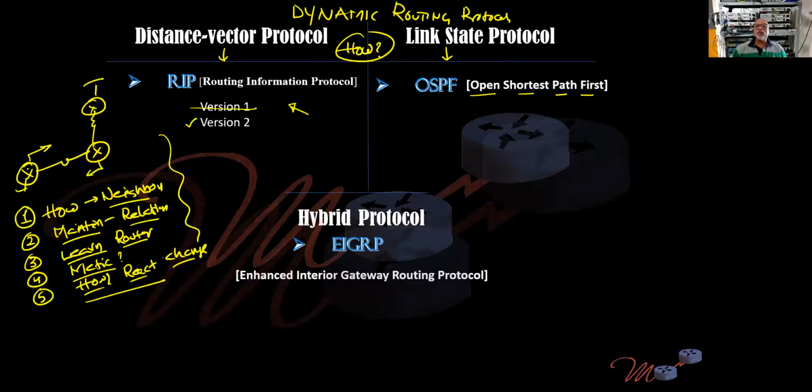And there is another protocol which has both the qualities. That's why it's called a hybrid protocol. It's more on this side, so they sometimes call it advanced distance vector. Enhanced Interior Gateway Routing Protocol. This is Cisco proprietary. Till 2015, nobody knew anything about it, only Cisco knew it.